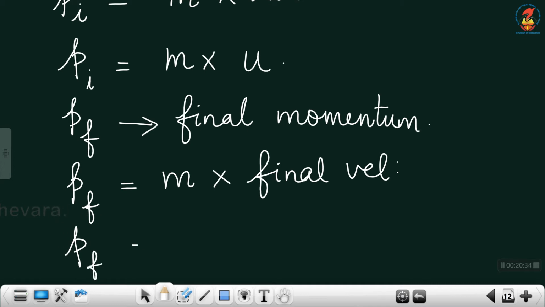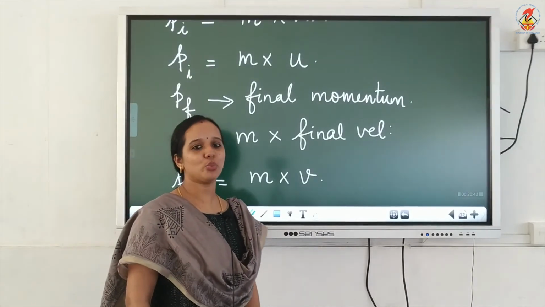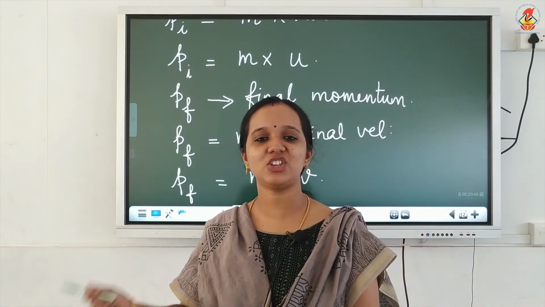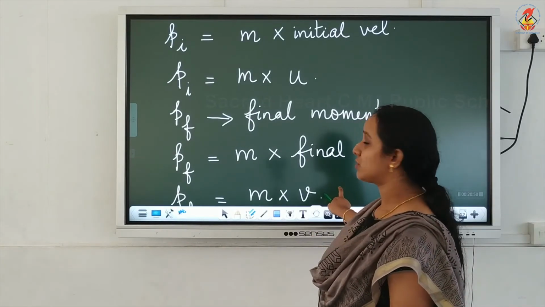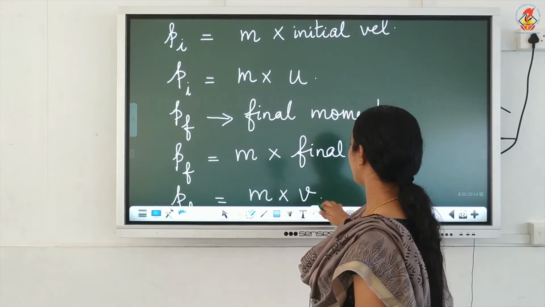Then final momentum Pf is m into v. Initially the object was moving with a velocity u, so the initial momentum is m into u.